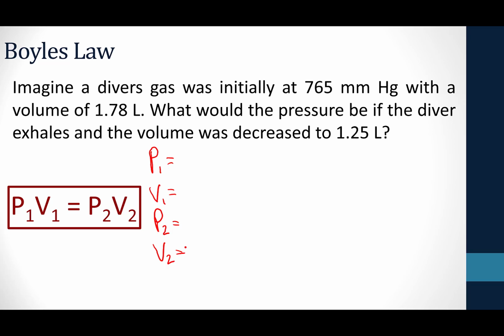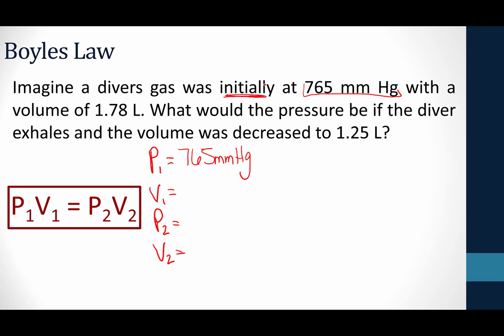So imagine a diver was initially at, so that initially is going to tell me this is P1. 765 millimeters of mercury is a measurement for pressure. So while we typically use atm, it's actually okay that we use millimeters of mercury here. Just know that our answer will be in millimeters of mercury when it spits out.